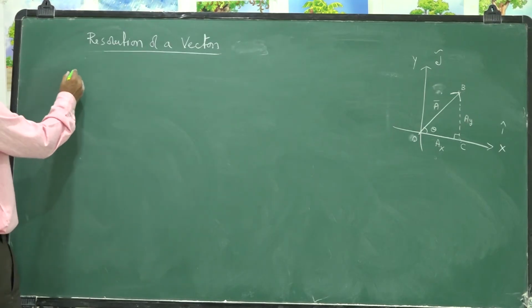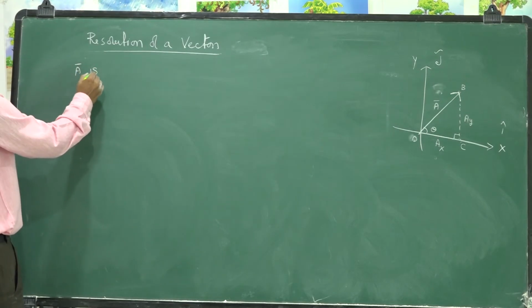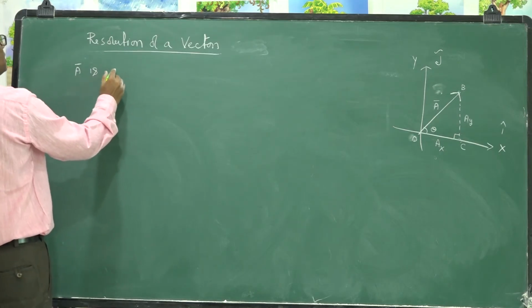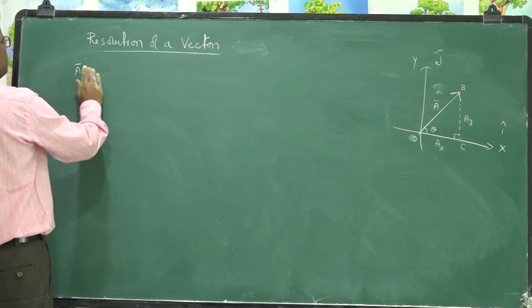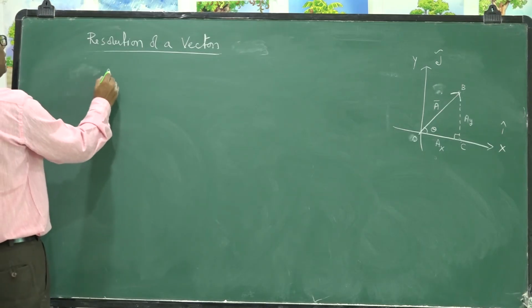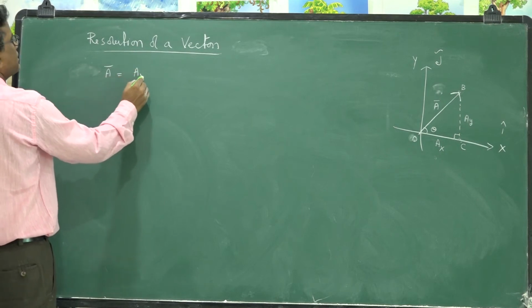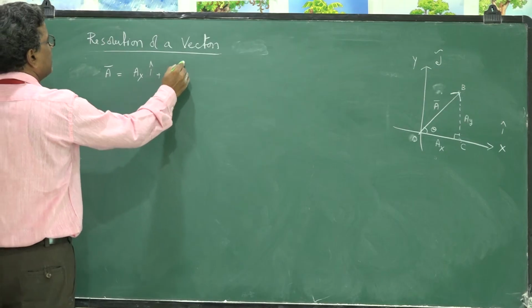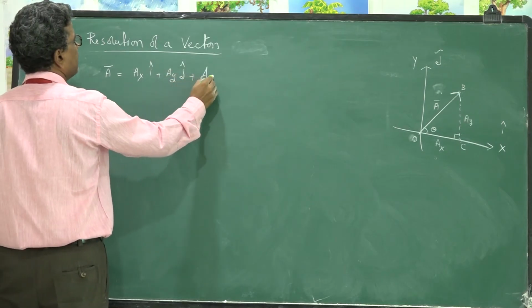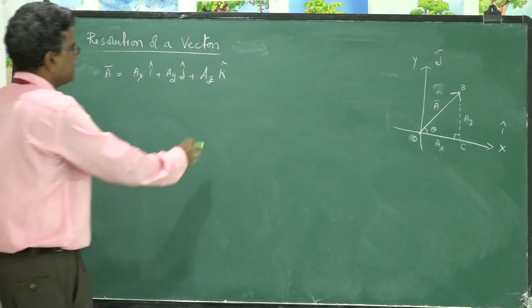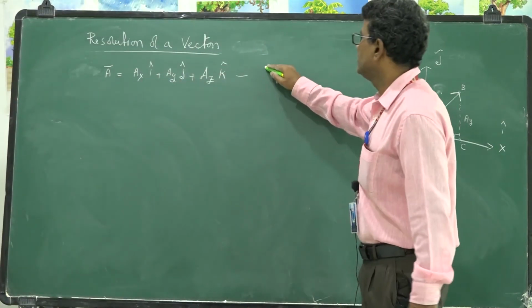Suppose this vector A bar is in 3-dimensional space. We can write it as Ax i cap, Ay j cap, Az k cap.